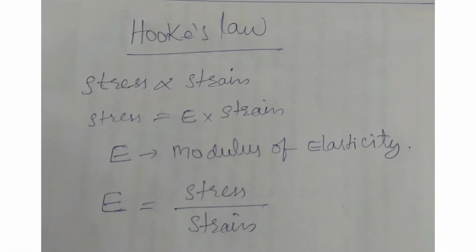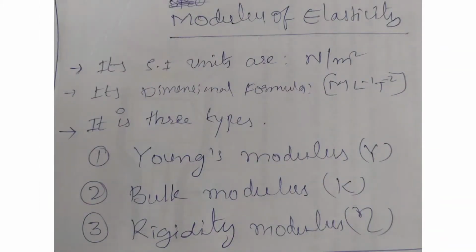Modulus of elasticity is defined as the ratio of stress to strain. That is, modulus of elasticity is equal to stress by strain. Its units are Newton per meter square and its dimensional formula is M L power minus 1 T power minus 2.